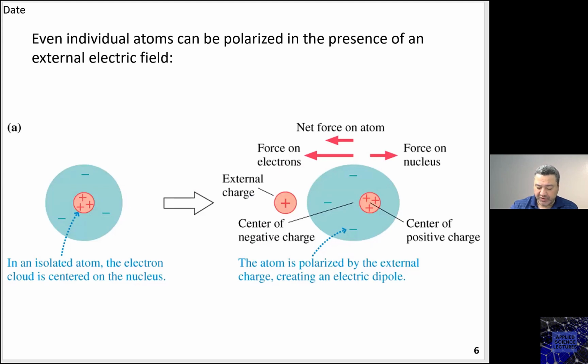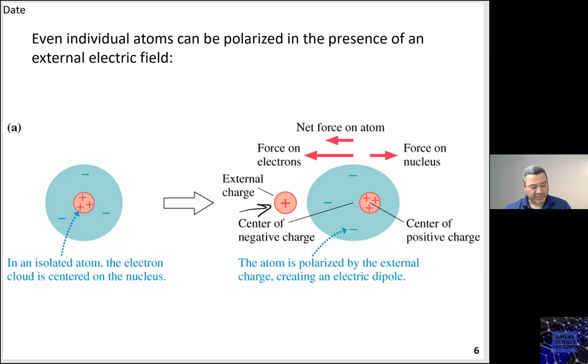If you have an external charge, then any atom that is polar in nature can be polarized such that the cloud of charges will be displaced, going toward the opposite charge, while the other one is trying to move away due to the forces, of course, exerted by the existence of this external charge that is creating an external force.